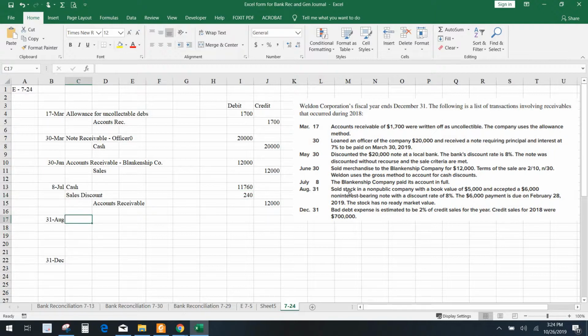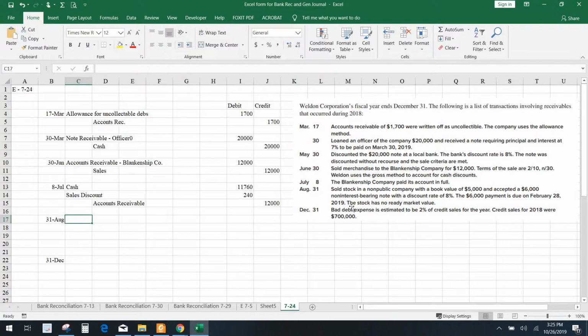Now let's move to the 31st. Stock sold in a non-public company with a book value of 5,000 and accepted a 6,000 non-interest bearing note with a discount rate of 8%. The 6,000 payment is due on February the 28th, 2019. The stock has no ready market value. This problem was a little bit tricky, so let's just walk through it.